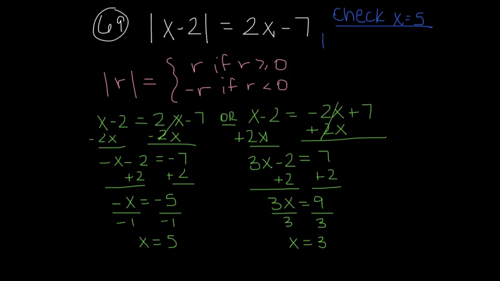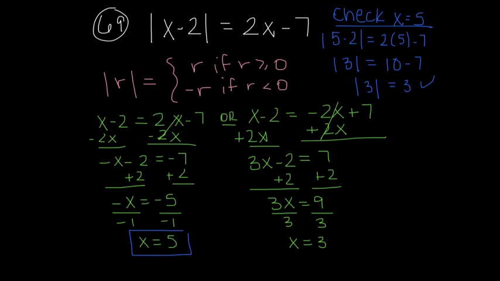That would give me the absolute value of 5 minus 2, I take out the x and put in the 5, equals 2 times 5 minus 7. Well, 5 minus 2 is just 3, so I would get the absolute value of 3 equals 2 times 5 is 10 minus 7. So I'm told that the absolute value of 3 is equal to 3. That is true. Because that makes a true statement when I plug 5 in for x, then x equals 5 is a solution to this problem.